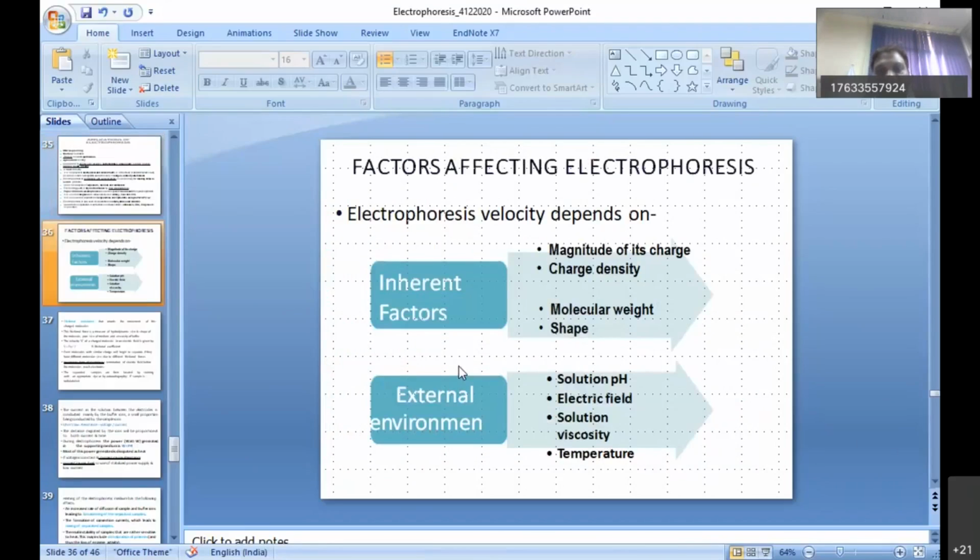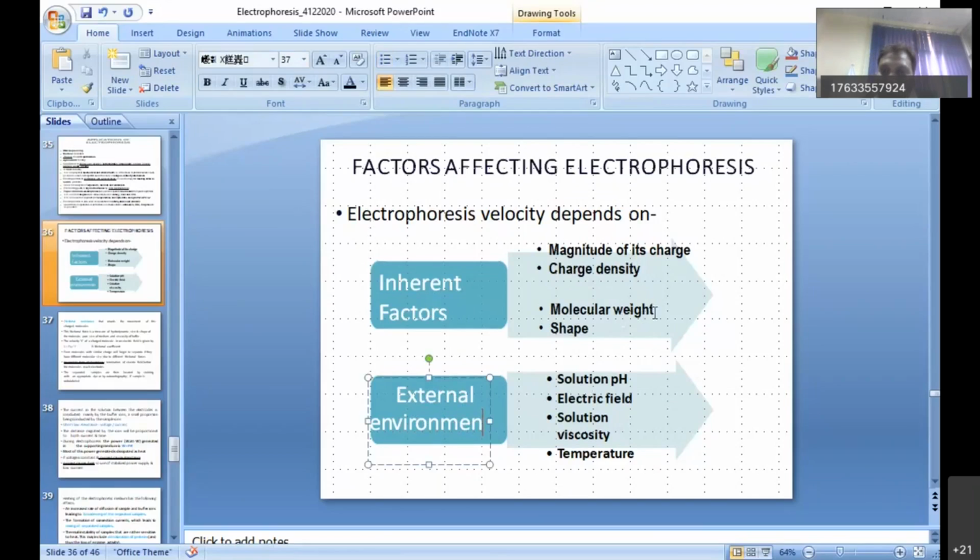So the most important thing is what factors you have to look for in electrophoresis. When you're doing the experiments, you have to take care of the inherent factors and the external environment: the magnitude and its charge, and molecular weight.